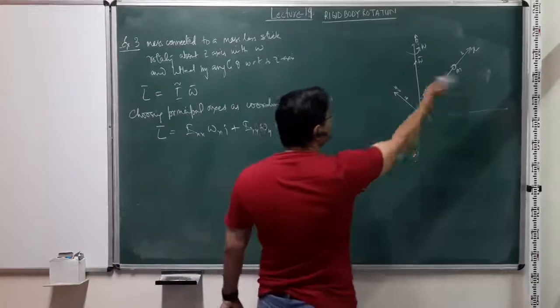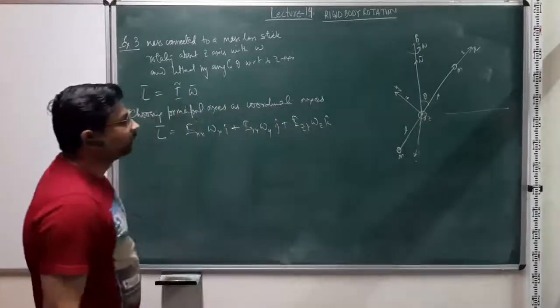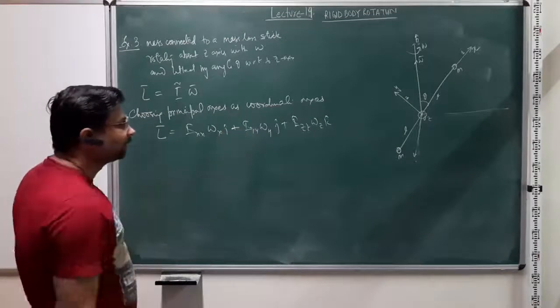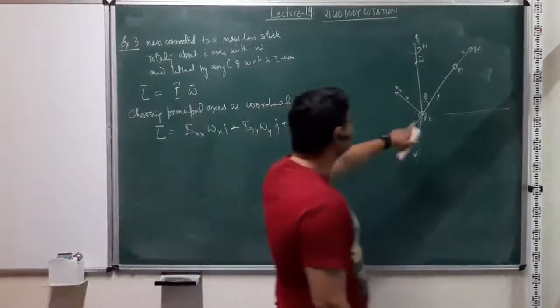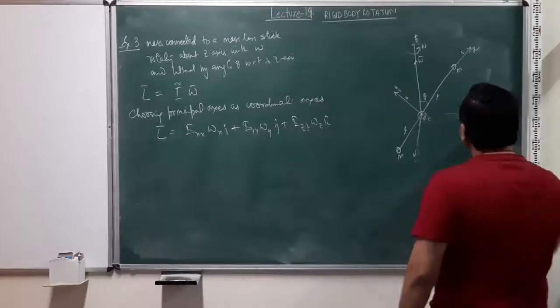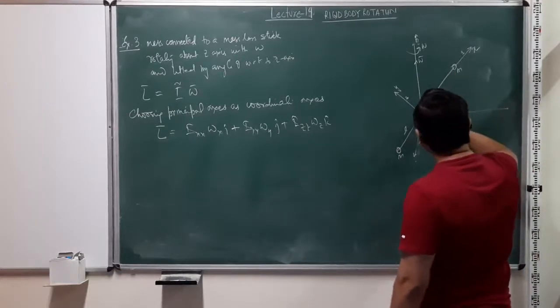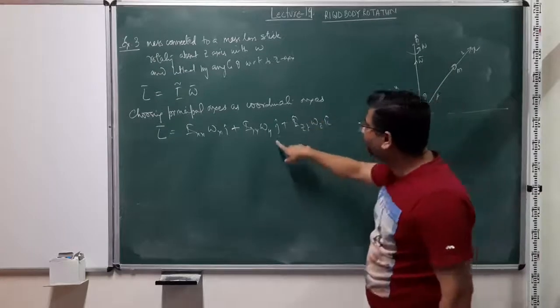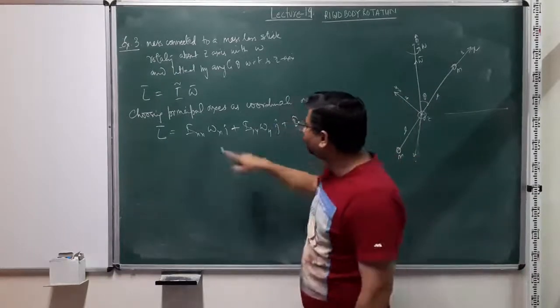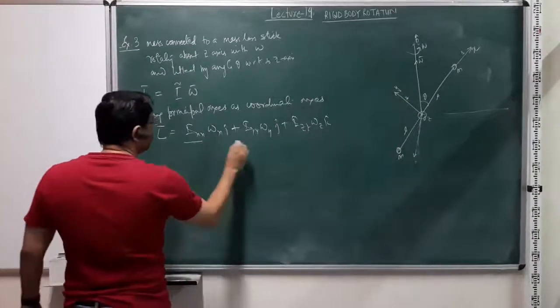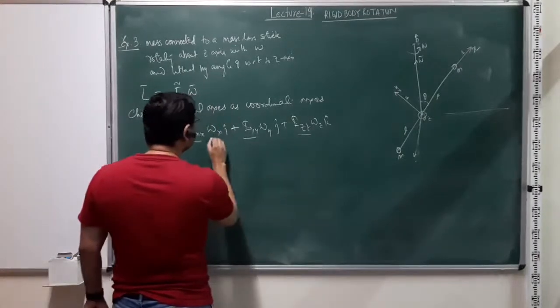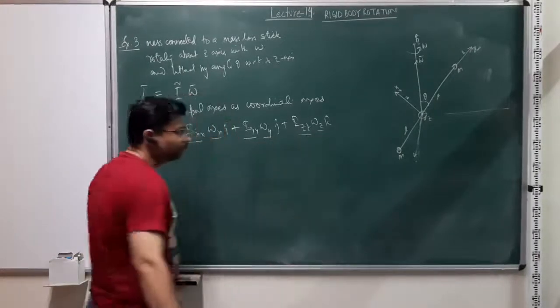And now we have to analyze the motion of this system, with angle theta. At this instant, since the system is in the principal axes, the coordinates are the same as the principal axes. I can find the angular momentum if I find Ixx, Iyy, Izz, and omega x, omega y, omega z.